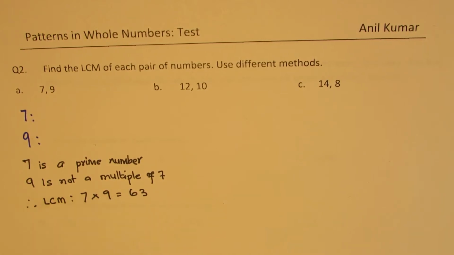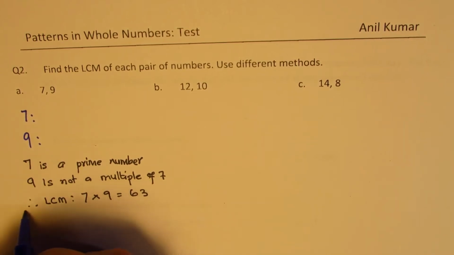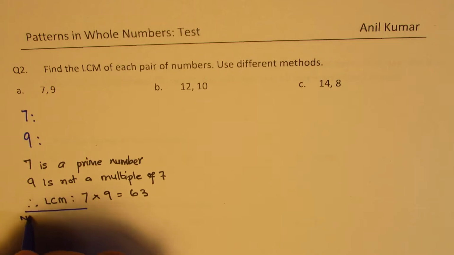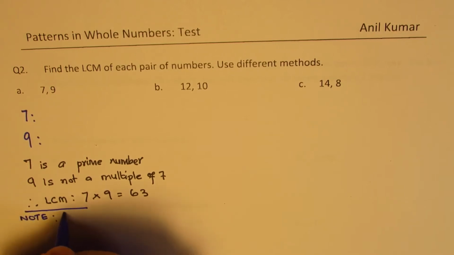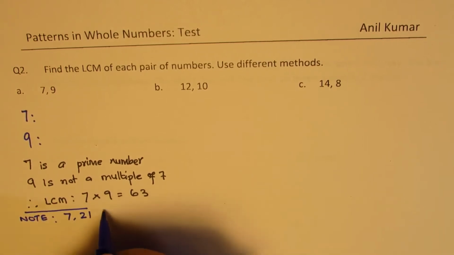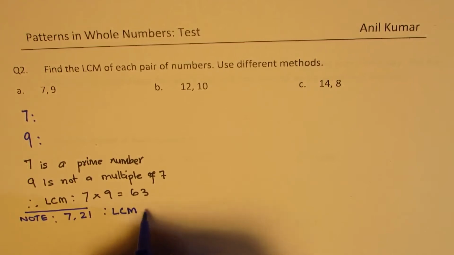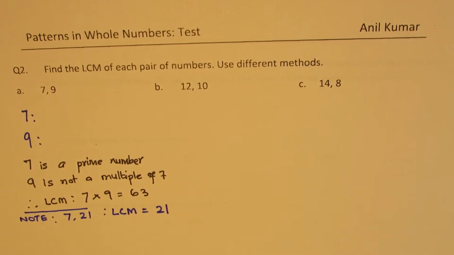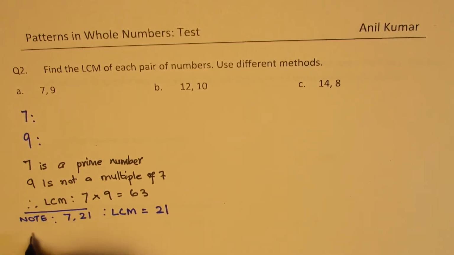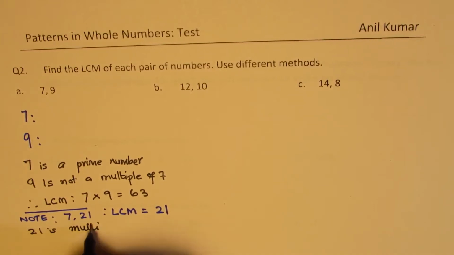Perfect? Okay. Now let me tell you why. Now, if the case could have been, let me give another example here. If the numbers were 7 and 21, correct? So in this case, LCM is what? So LCM in this case is 21. Reason being that 21 is multiple of 7.